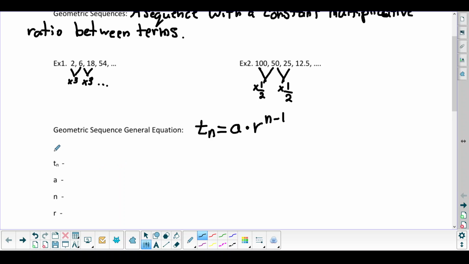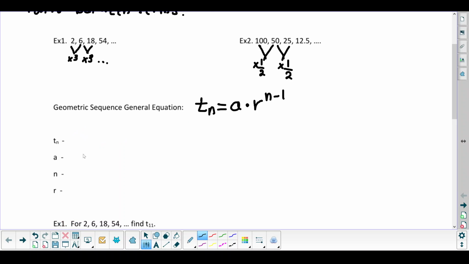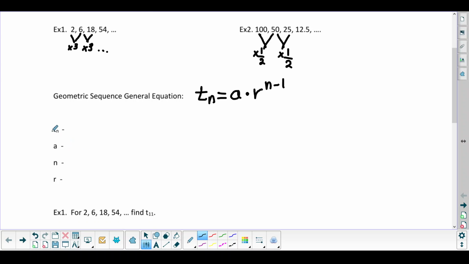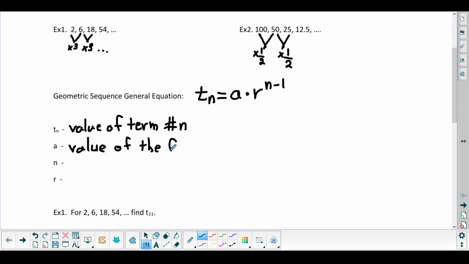Okay, so similarly to our arithmetic sequence equation, Tn is the value of term number n. A is the value of the first term. N is just the term number.